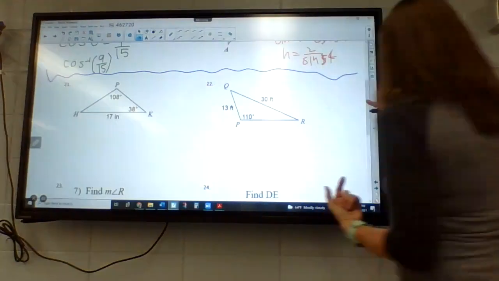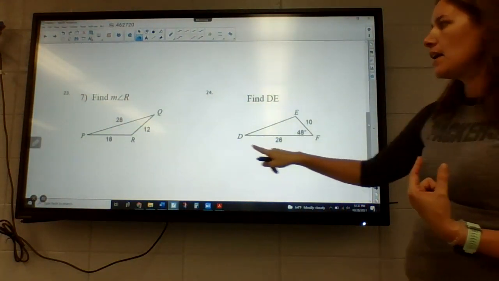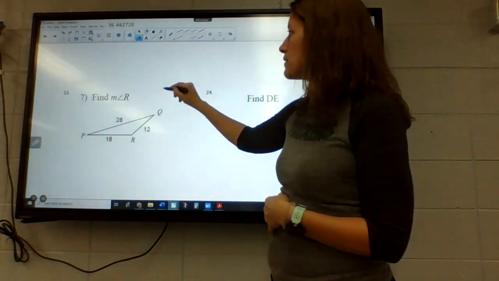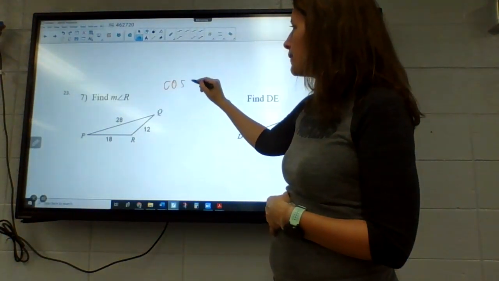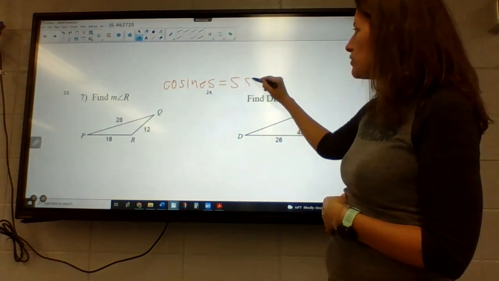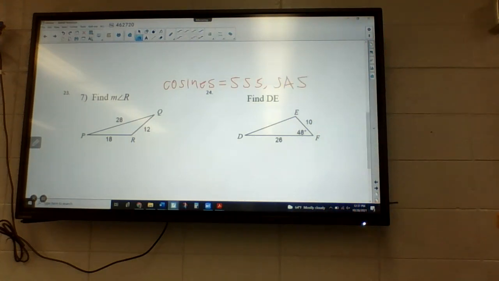Cosine is the tougher of the two. So if you look, this is side angle side, and this one's side, side, side. That's how you know you're using law of cosines. If you have a hard time determining which one you should be using, this is a good clue. And this is the harder of the two formulas. We'll come back to that one in a second.